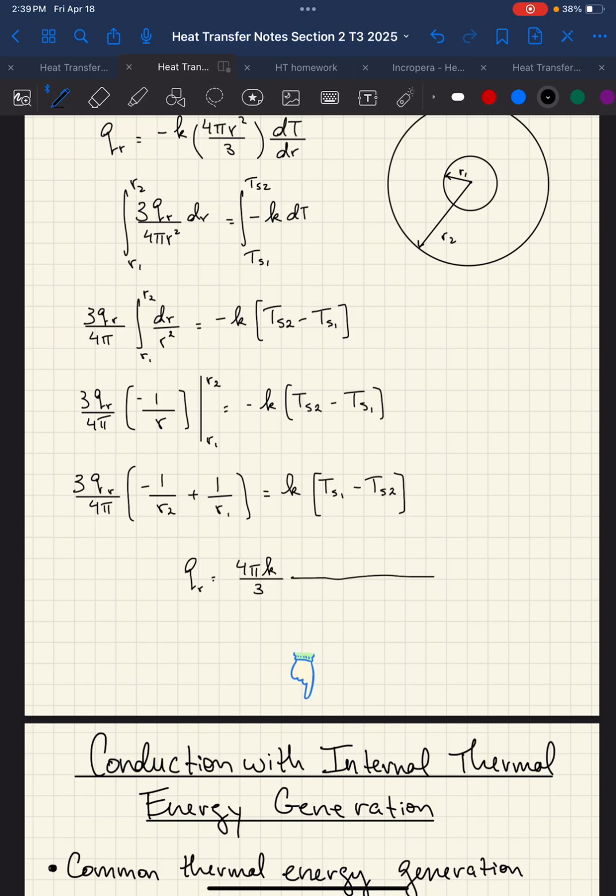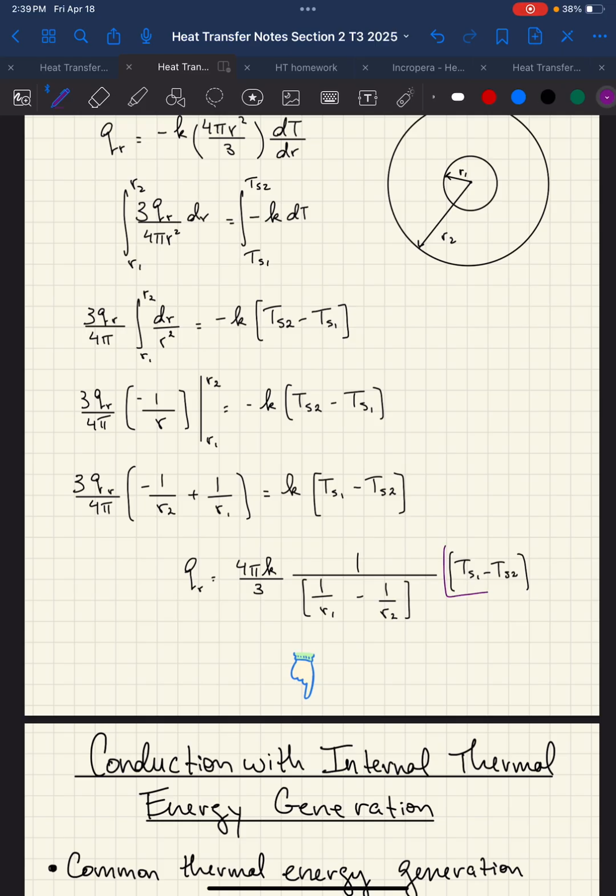That whole 1 over r thing, I'm just going to write it the proper way. In other words, 1 over r1 minus 1 over r2. Right, because you got to divide by it. And you're going to have here the TS1 minus TS2.